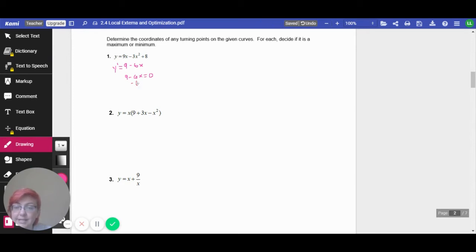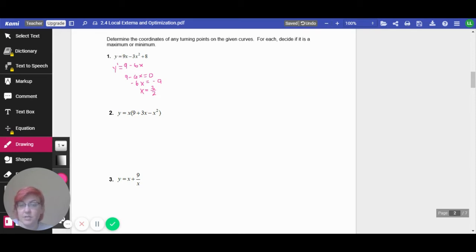So -6x equals -9, I should say. Divide both sides by -6. X equals 9/6, or 3/2.